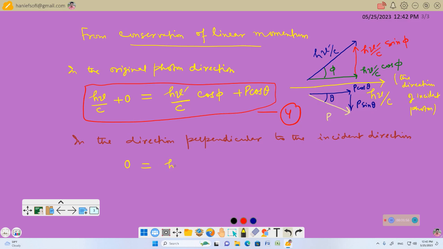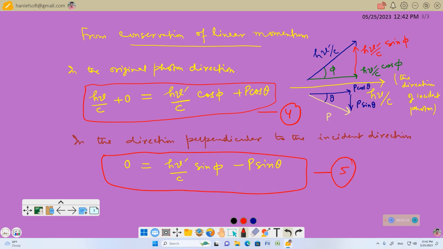It is h nu prime by c sin phi. What is the momentum of the scattered electron in the perpendicular direction? It is p sin theta, but here you have to write minus. Let me explain it. It is understood, still I will explain. I name it equation 5, right?